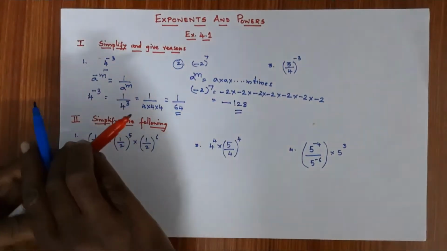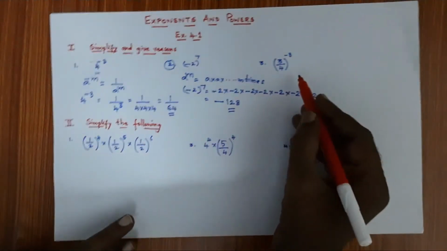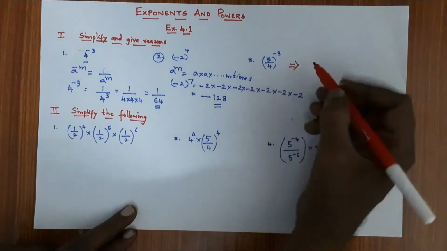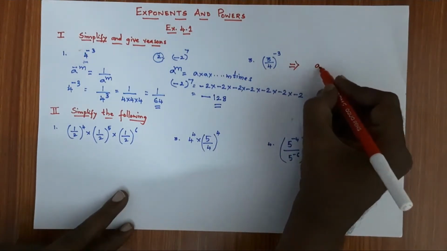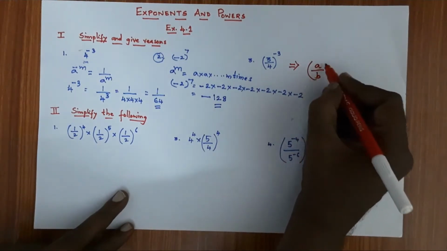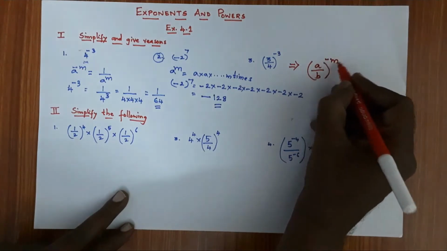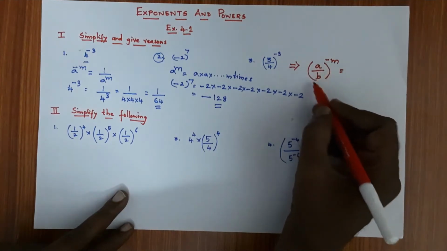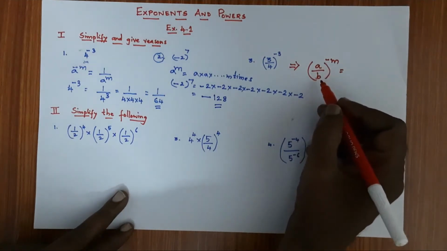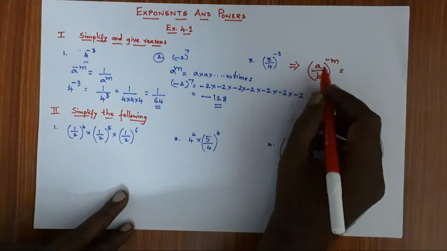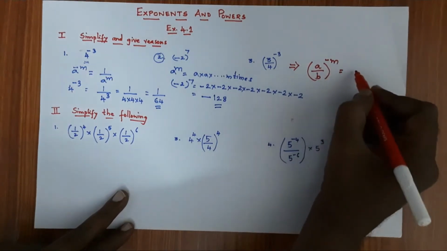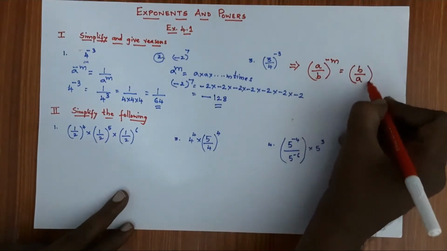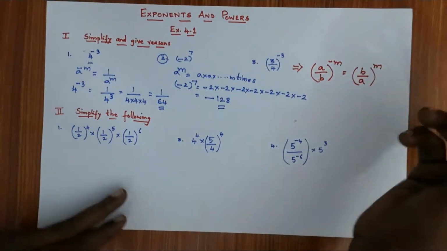Now go for 3 by 4 whole to the power of minus 3. We know the laws of exponents: a by b whole to the power of minus m, if the power is minus and it is in the format of fractions, you just interchange the numerator and denominator to make the power positive, that is b by a whole to the power of m.